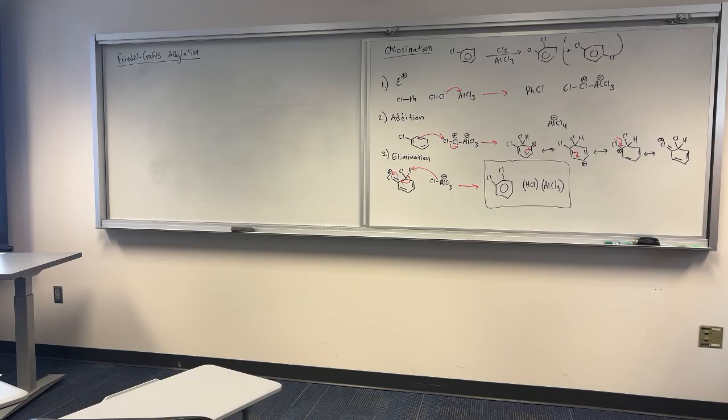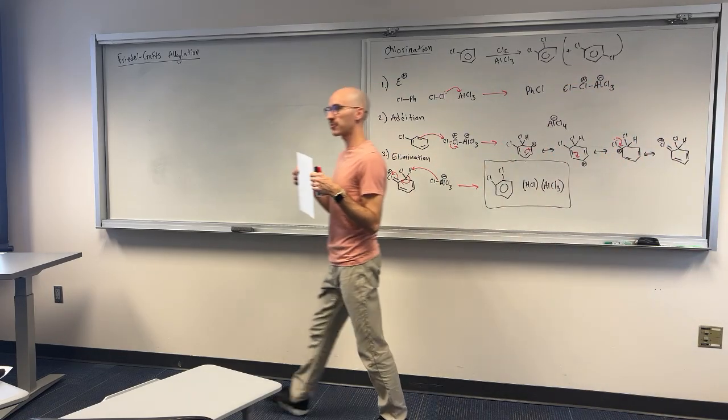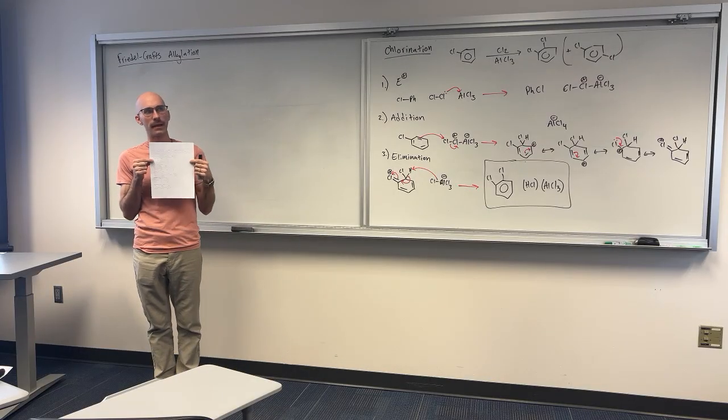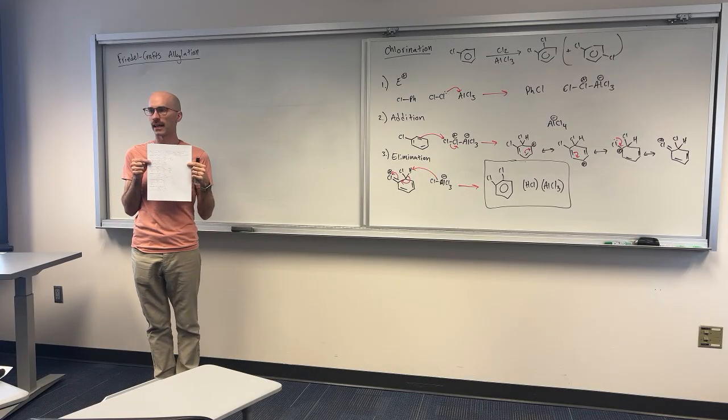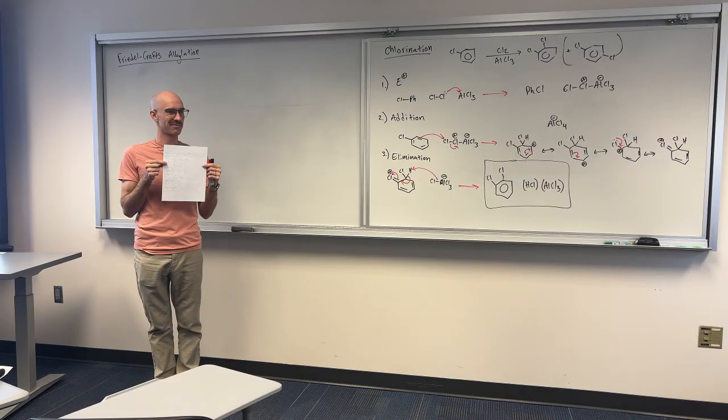Now I want to do alkylation. However, the only alkylation example I gave you on this sheet was when an electron donating group was alkylated meta to itself. How often does that happen? It doesn't really.